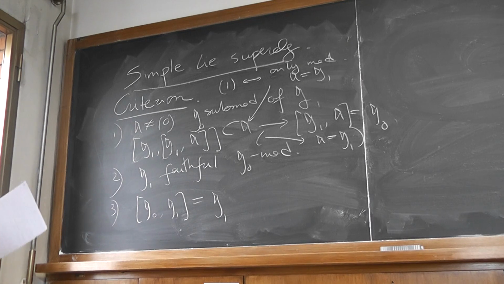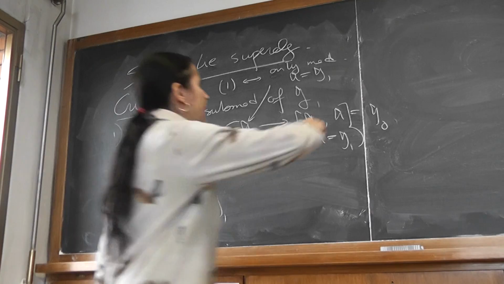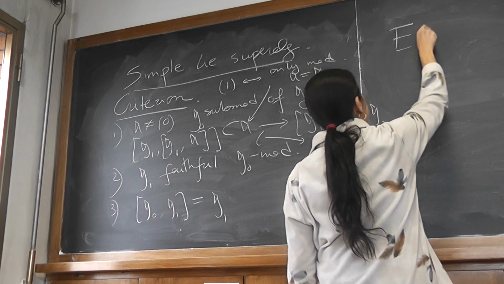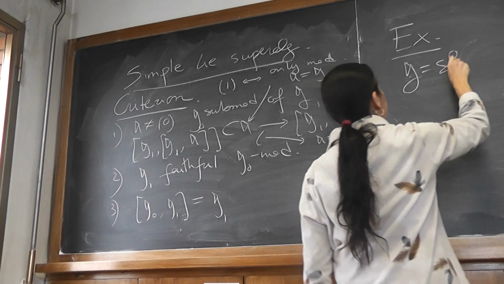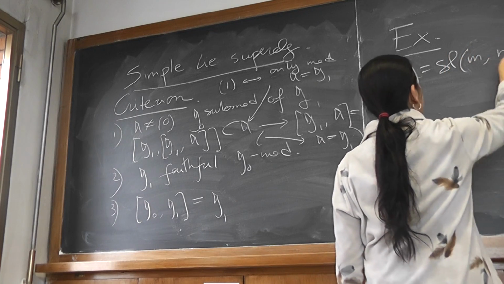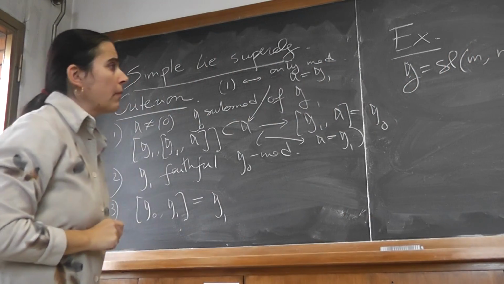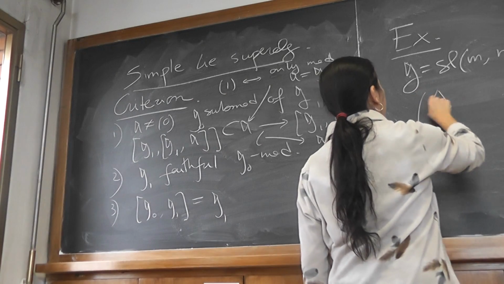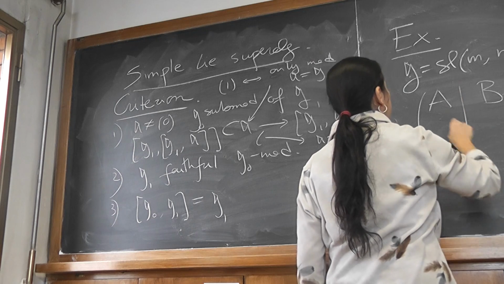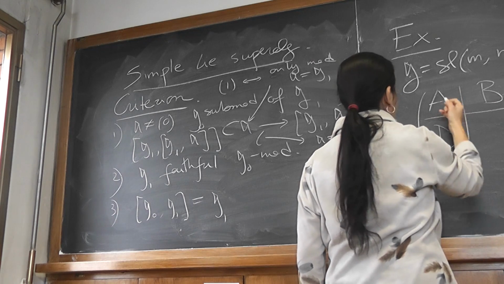I would prefer not to go to this irreducibility question because I wanted, you remember that we studied the example of the case of G equal to SL(m|n). Remember this case? So in this case we had this decomposition. I'm doing it because we need it in a moment.